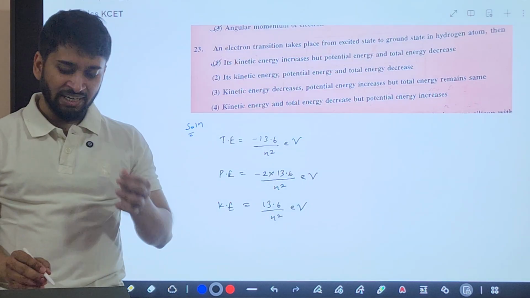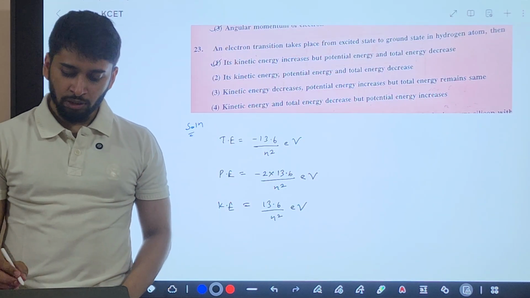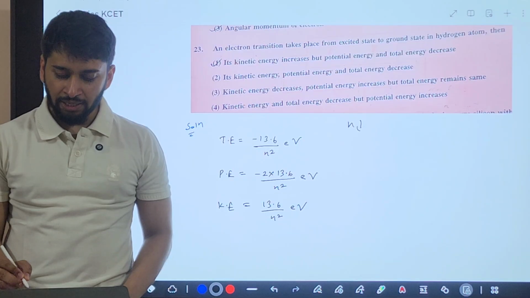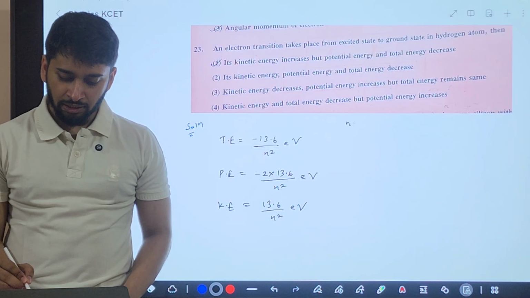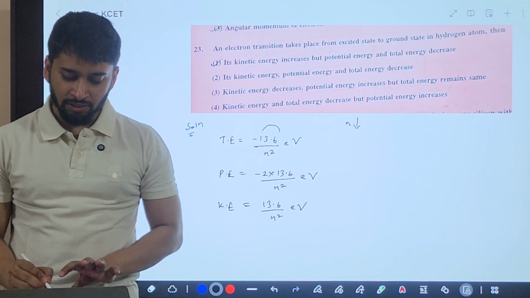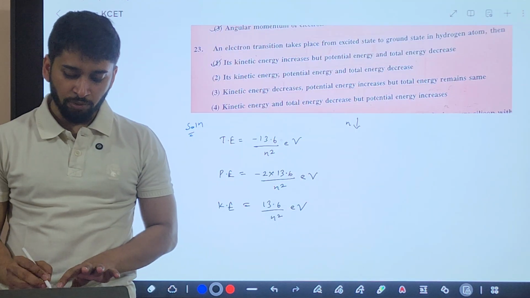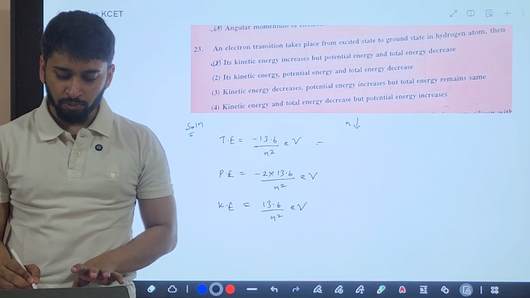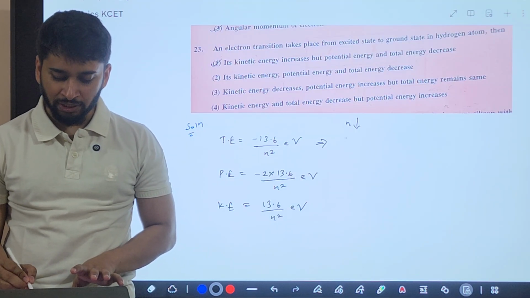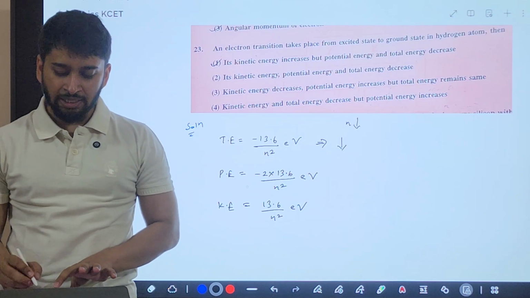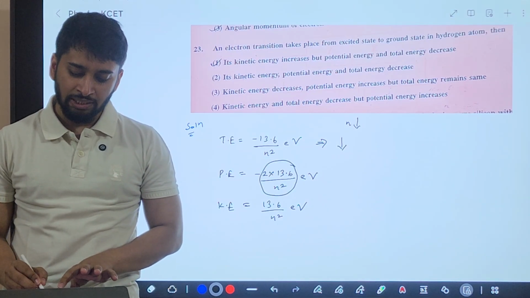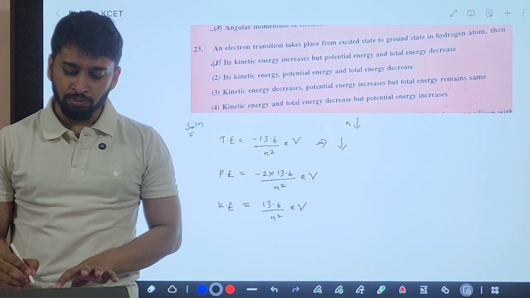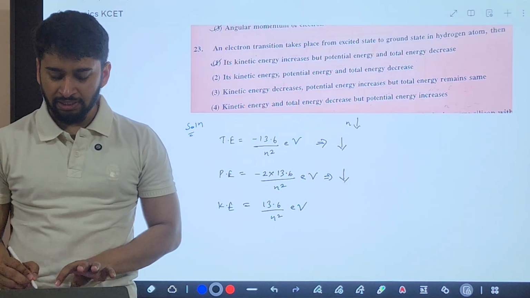Now what is happening? An electron transition takes place, so n is decreasing. If n decreases, this value will increase, but it will become more negative, so total energy will decrease. Potential energy, if n decreases, this value will increase, but since it is negative, it becomes more negative, so it decreases.